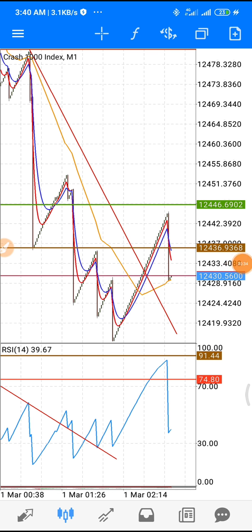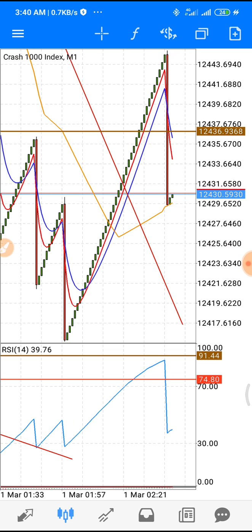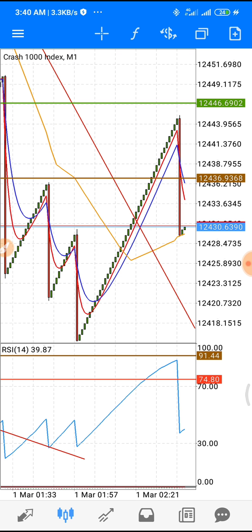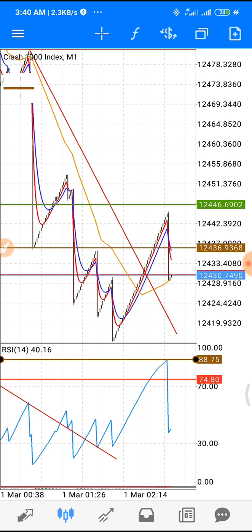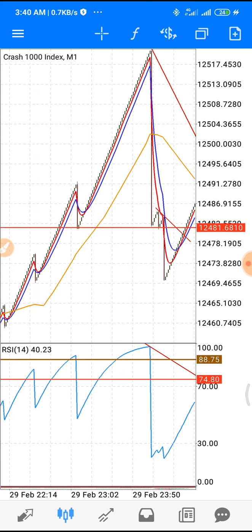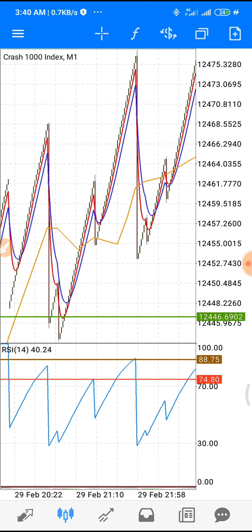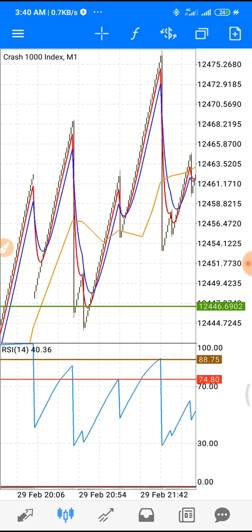Oh Jesus. We missed this one again. Though this one has not gotten to our entry point at all. So let's see if there was a resistance over there. Let's check. Oh, it respected this resistance.